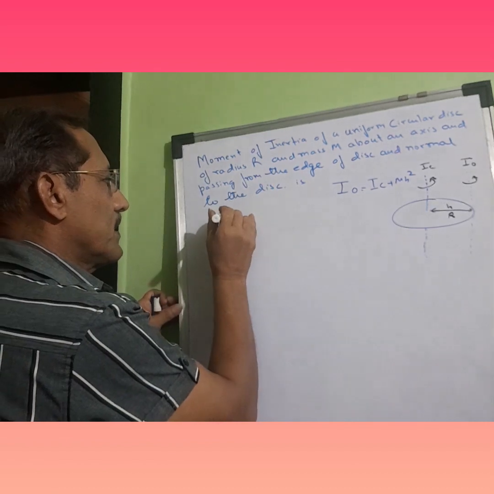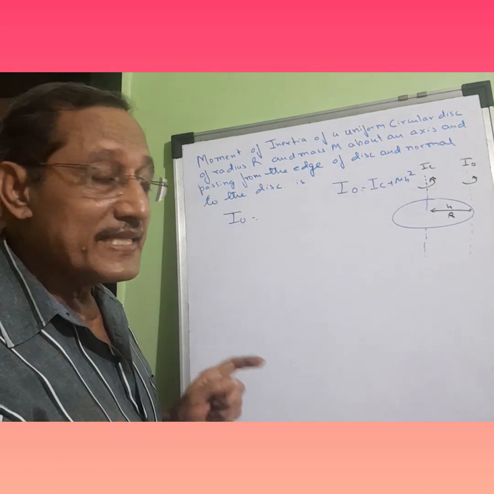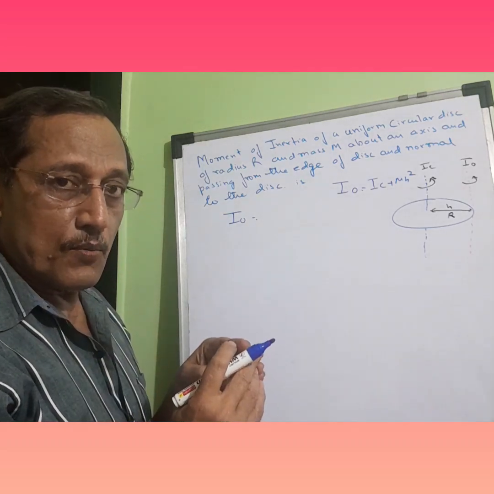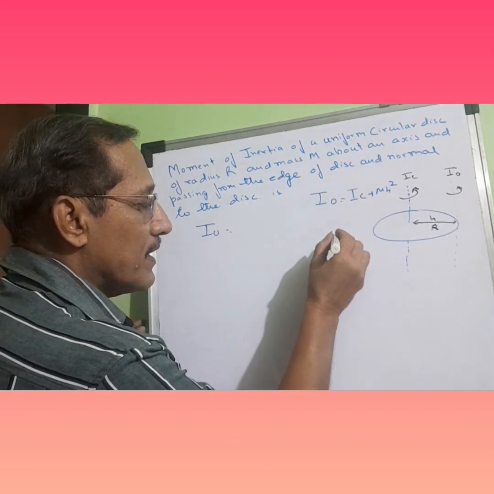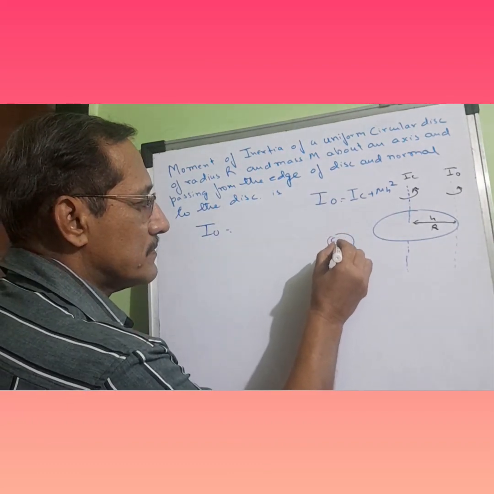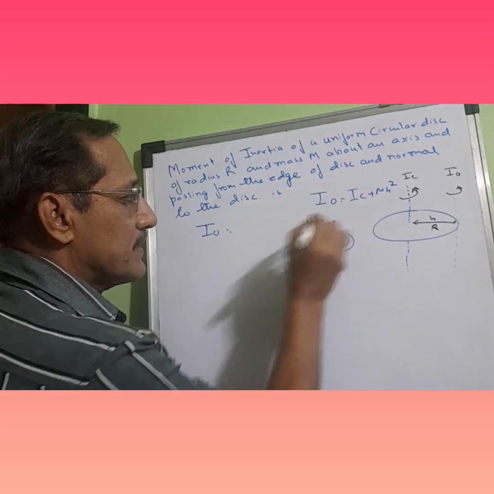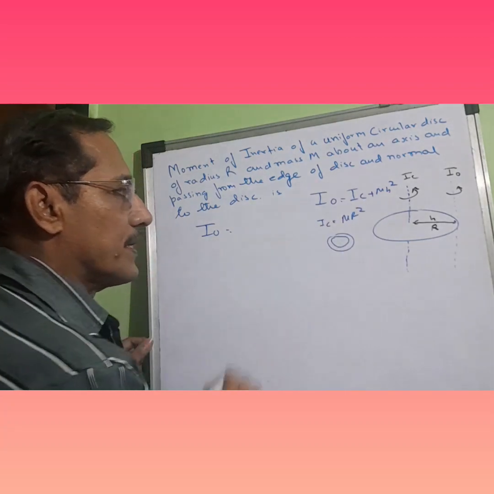So let's find out I0. I0 is equal to IC. I told you, I asked you to learn those formulae by heart. For a ring, IC would have been mr square.